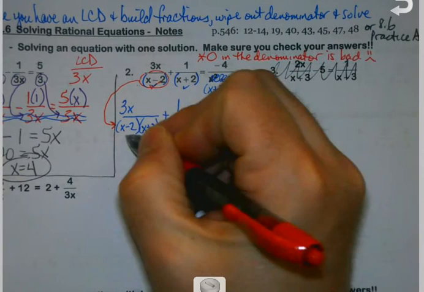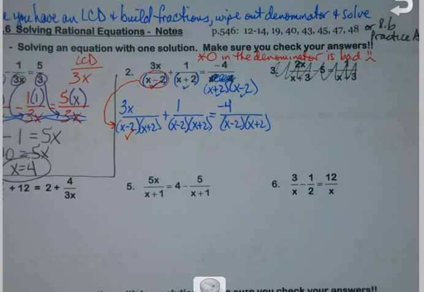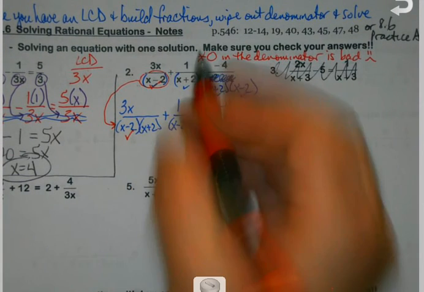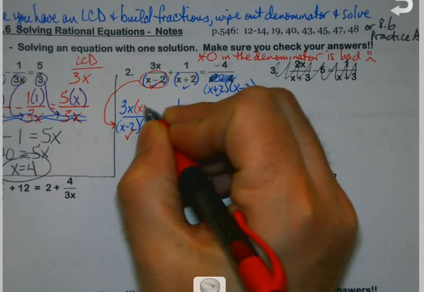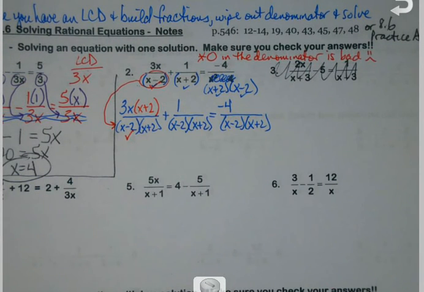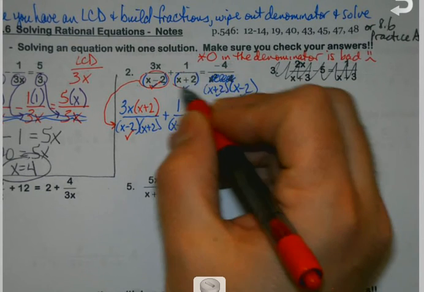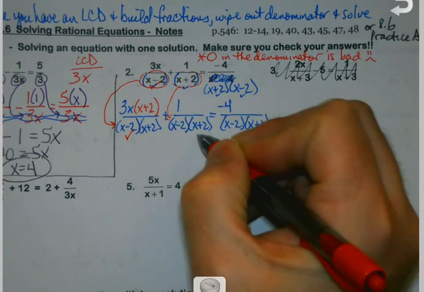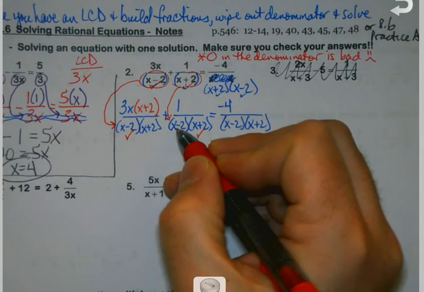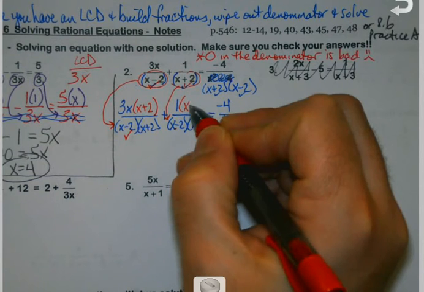I've got the x minus 2. I check that off. But I don't have the x plus 2. So that's what I have to put up top. The second one, I've got the x plus 2. I don't have the x minus 2. That's what goes up top.